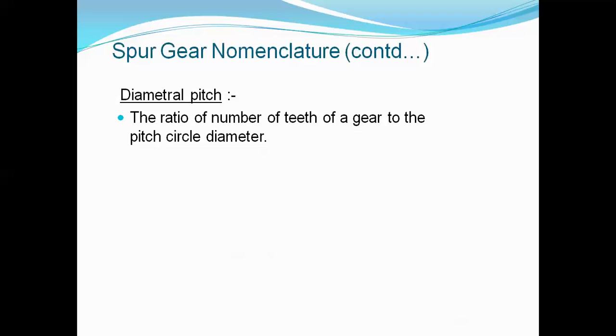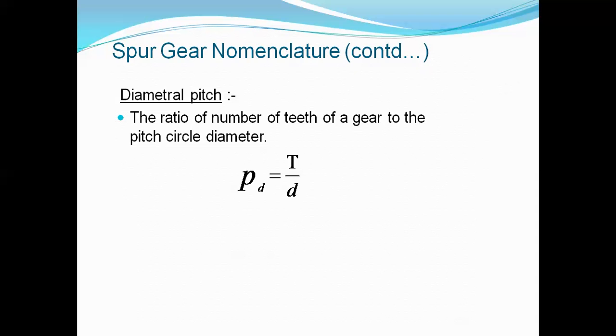And the diametral pitch is the ratio of the number of teeth of a gear to the pitch circle diameter, that is T by D. Diametral pitch is very important, because the next one is the reciprocal of this diametral pitch.